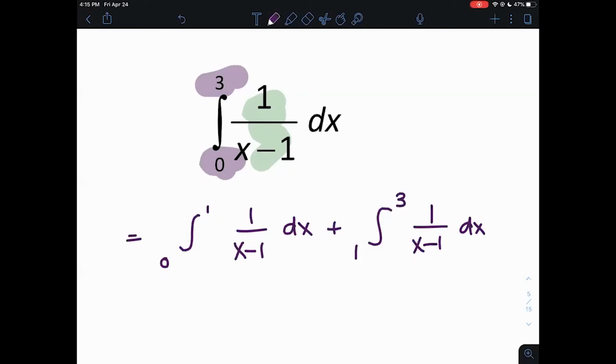Now we get to a point where this 1 is working almost in a way that the negative infinity worked in the problem before. At 1, this function has a vertical asymptote, something like this.